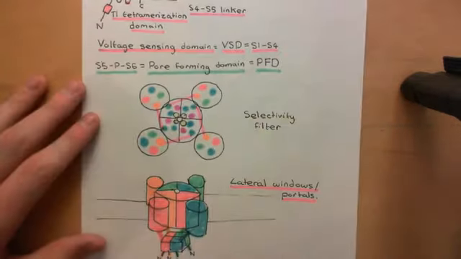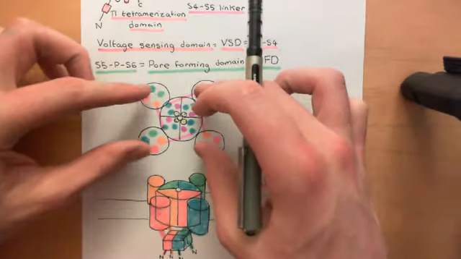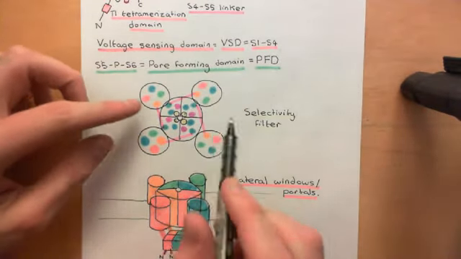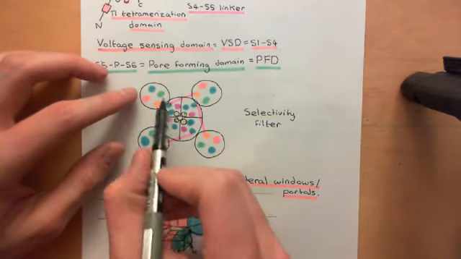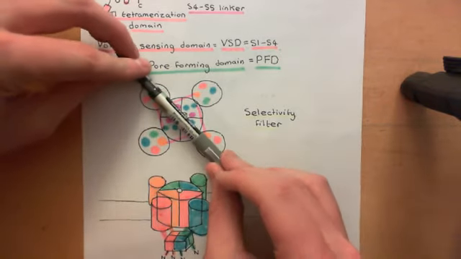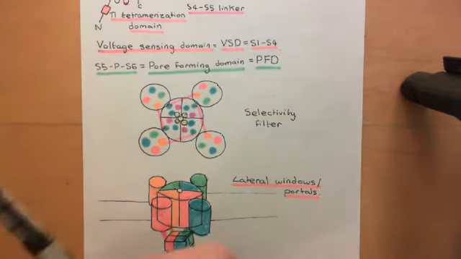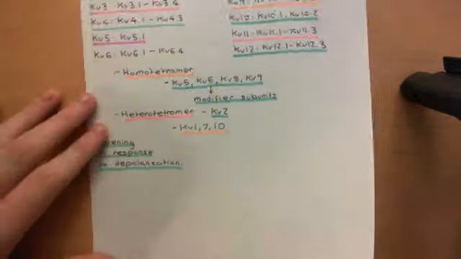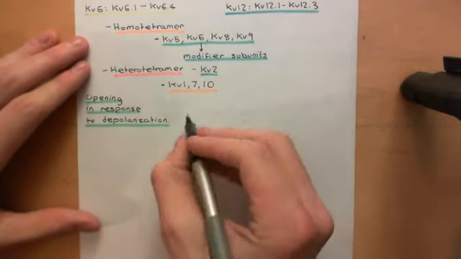We're going to set aside the voltage-sensing domains; I'm not going to draw those. I'm going to cut through the pore domain and look through on this newly opened-up surface, and that will allow us to see the selectivity filter and where these S6 helices are moving inwards. Let me draw this picture.